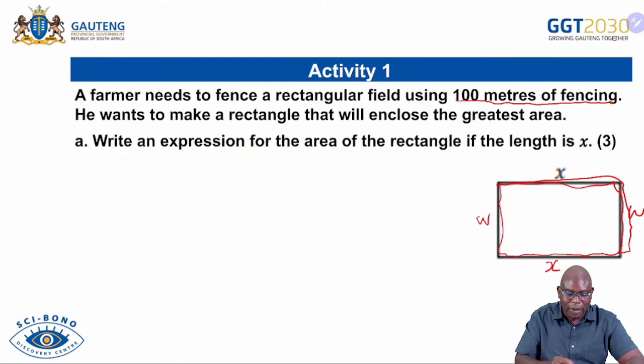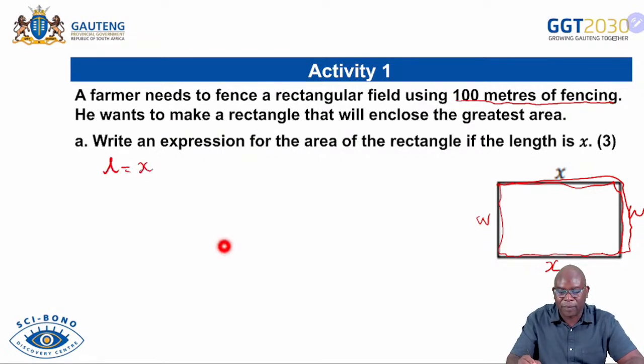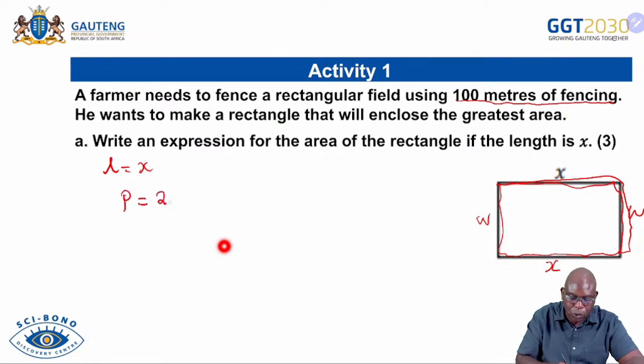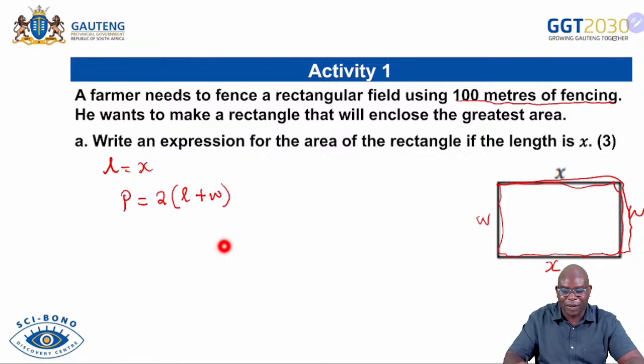Now we know that our length is going to be equals to x. Right, so now it means if I need perimeter, my perimeter is going to be equals to, remember it is 2 into the length plus the width or the breadth. Right, so now I'm given what? The perimeter. So the perimeter is going to be 100.